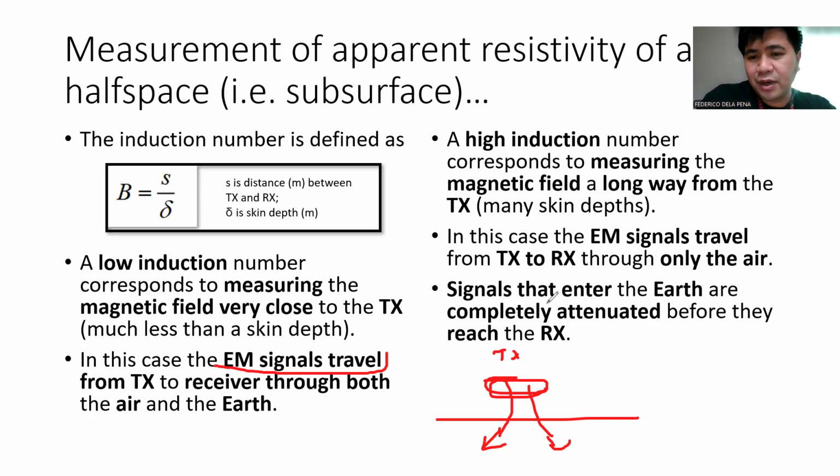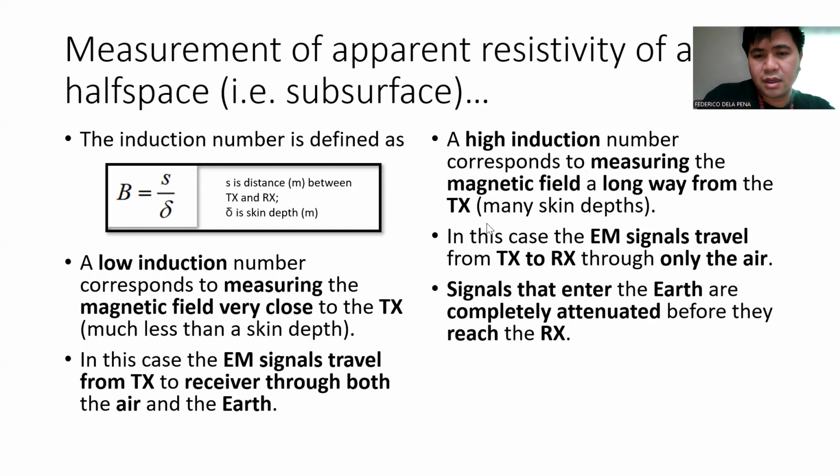For high induction numbers, the EM signals travel only through the air, no, from the transmitter to the receiver. The signal is only traveling through the air. This is more applicable, I think, for aerial surveys.